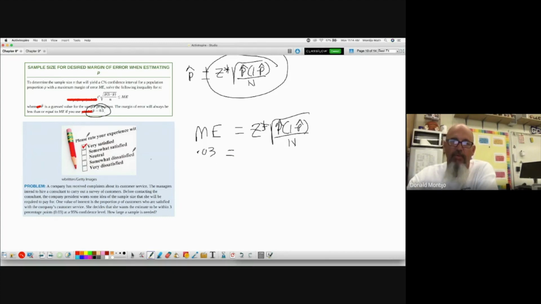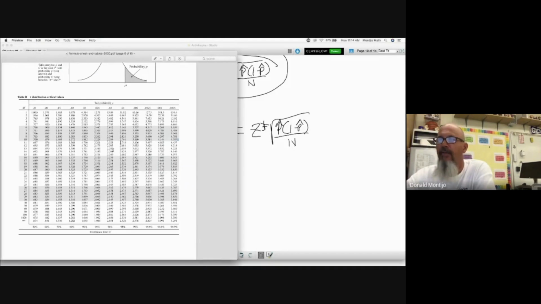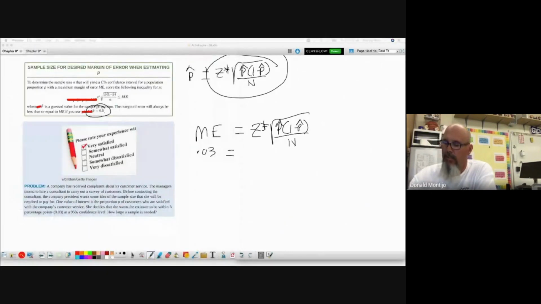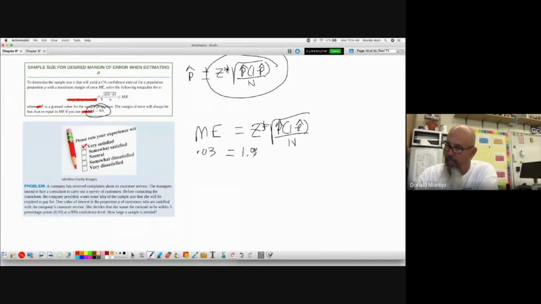So 95% confident, when I look at my handy dandy table B, the z-score is 1.96. So 1.96 times the square root. I don't know what p hat is, so I always use 0.5. My job is to solve for n.